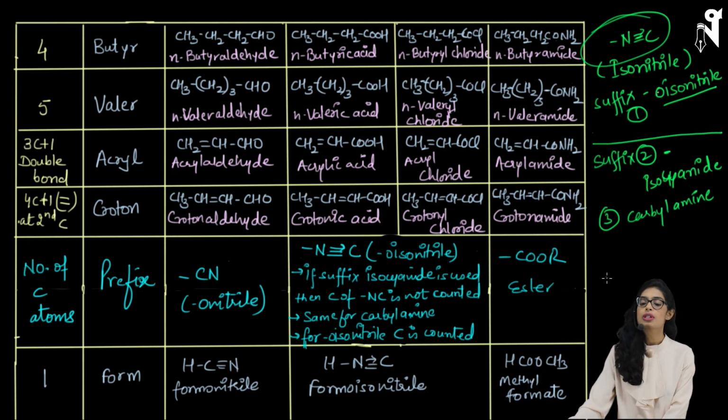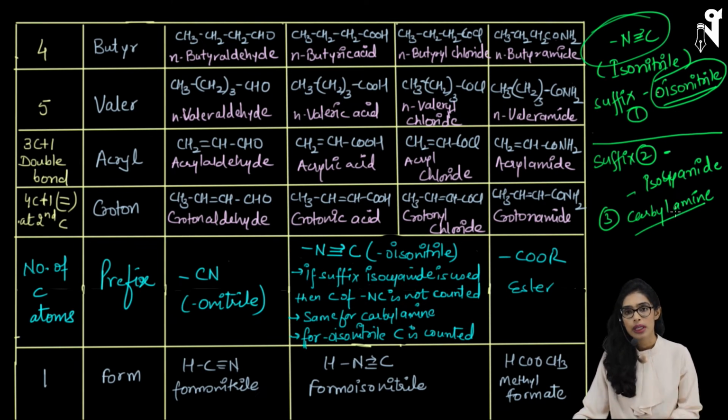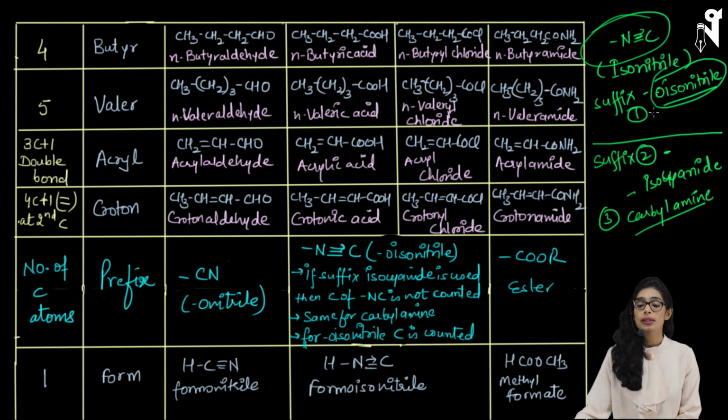So 3 suffixes are possible for the isonitrile group. Generally you will find isonitrile being used for the common name, but you may find isocyanide and carbolamine also. Now what you have to be careful about when we are using isonitrile or isocyanide or carbolamine, let me just show you.